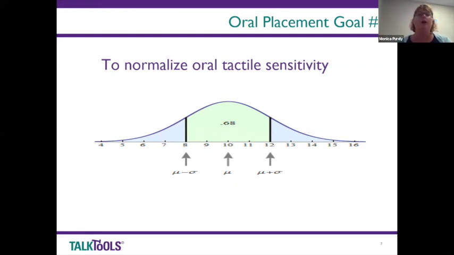Are they hypersensitive, where their system is over responsive? Or are they mixed sensitivity? Or are they fluctuating? And again, we would go into more in-depth information regarding each of these sensory systems in our class. But our second goal would be to try to normalize it.